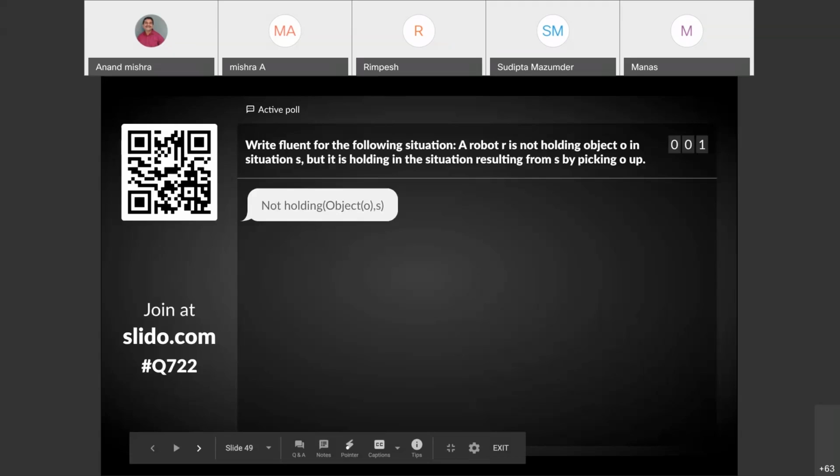That part is fine, but the next part also. This is part one. Someone has given the answer not holding object O, S. This is part one. But then there is a part two: it is holding in the situation resulting from S by picking up O. How will you write?